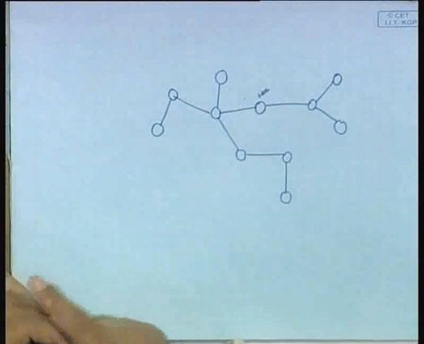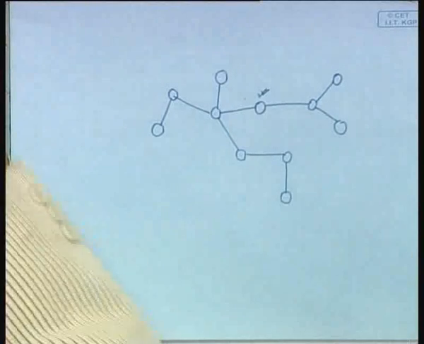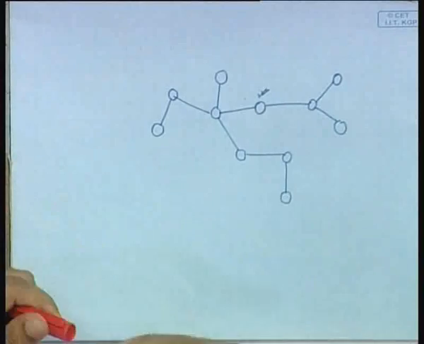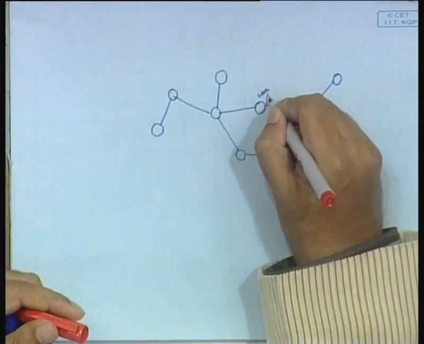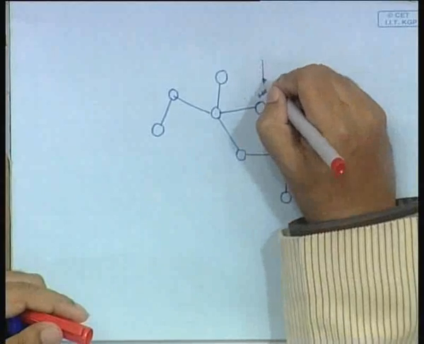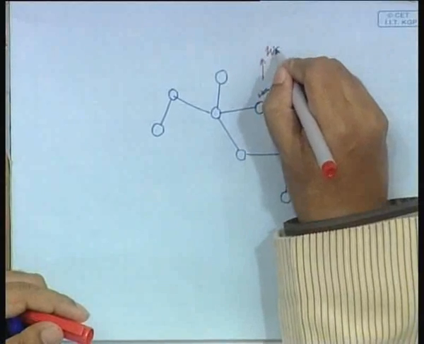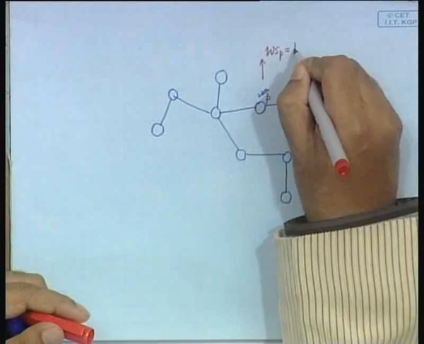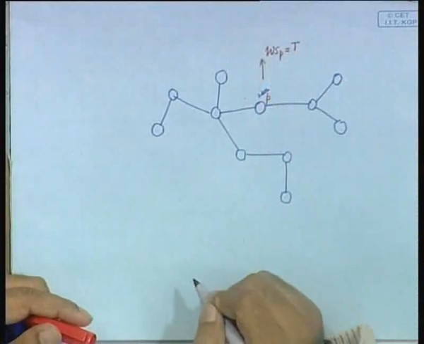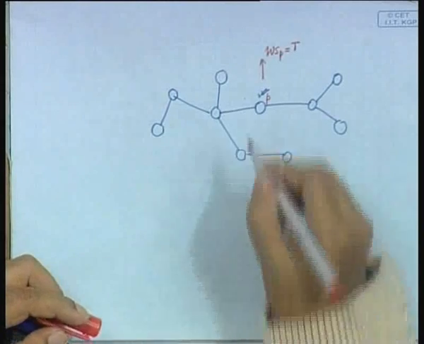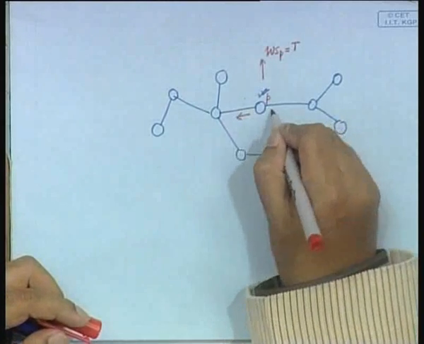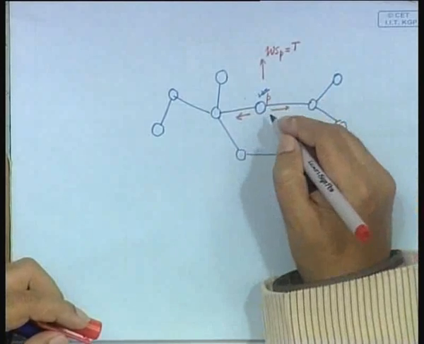So, what does this one do? Suppose this is the process P, then the first thing that this one does is it sets WSP equal to true, and then for all neighbors it sends a wake up.